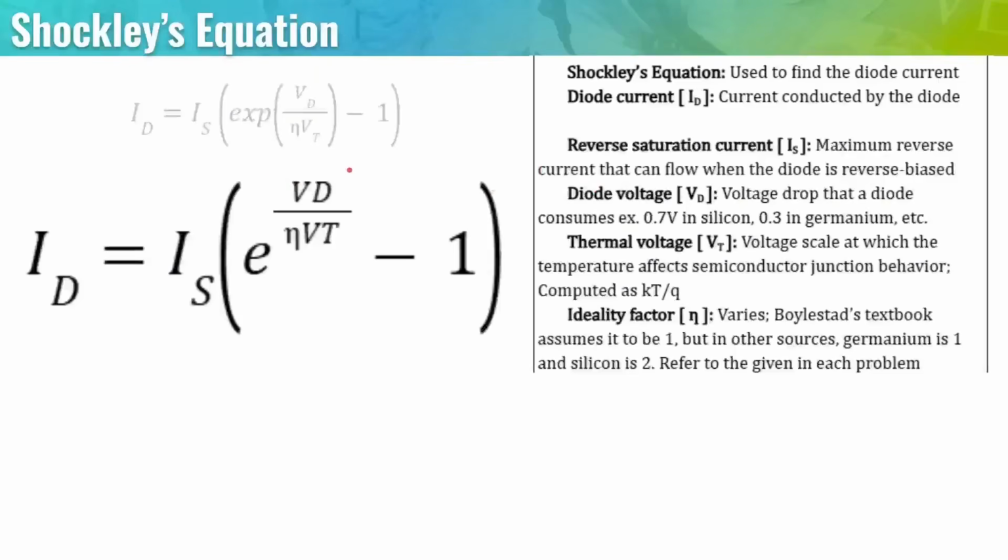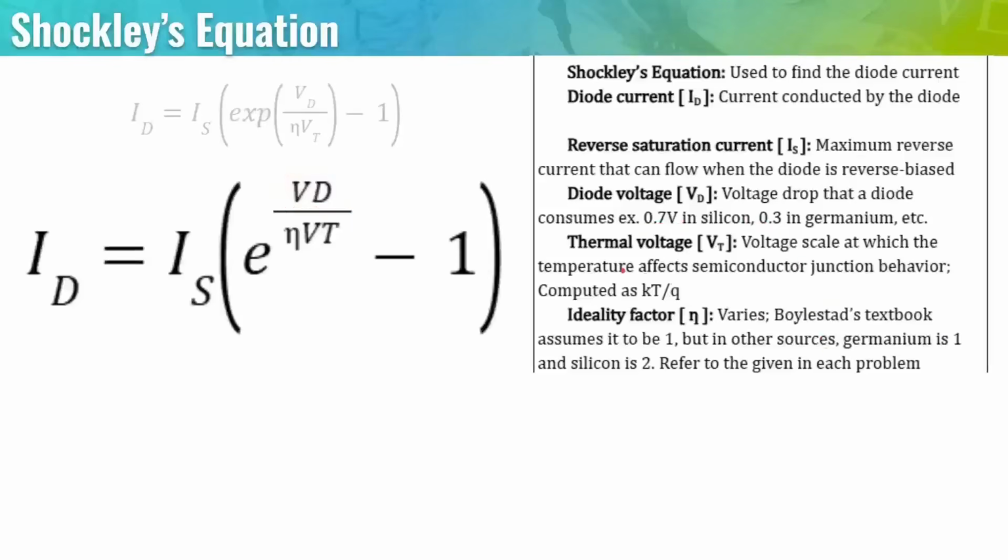So here are the variables that we need to take into consideration. First is the reverse saturation current, IS. As we saw from earlier, it's the maximum reverse current that can flow when the diode is reverse biased. The diode voltage is the voltage drop that a diode consumes. For example, it's 0.7 in silicon and 0.3 in germanium.